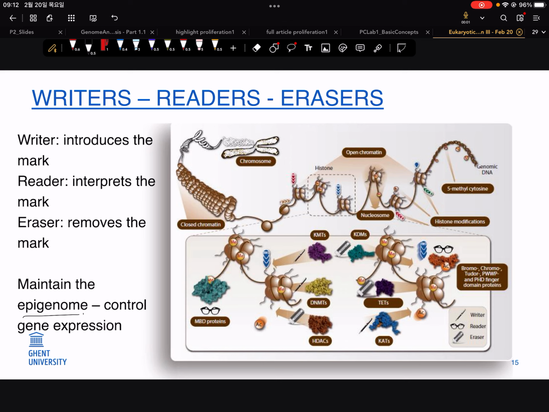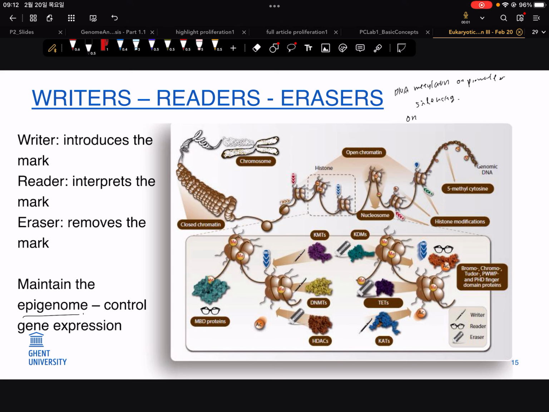So, also there, no clear rule, although most people still say DNA methylation leads to silencing. There are already a lot of exceptions to that. In the promoter, yes, but if it's not in the promoter region, then we often see active genes with lots of methylation in the coding region.